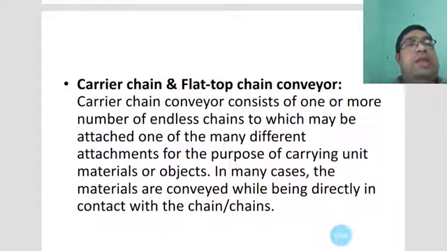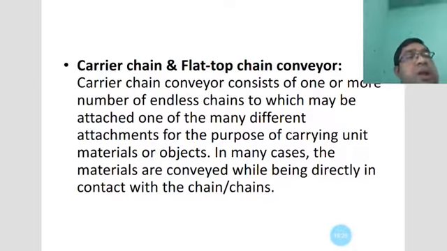The carrier chain conveyor consists of one or more endless chains to which may be attached any of the many different attachments for the purpose of carrying units, materials or objects. In many cases the materials are conveyed while being directly in contact with the chain.